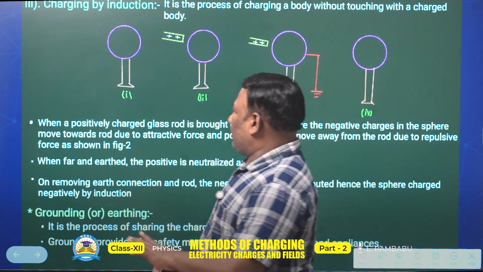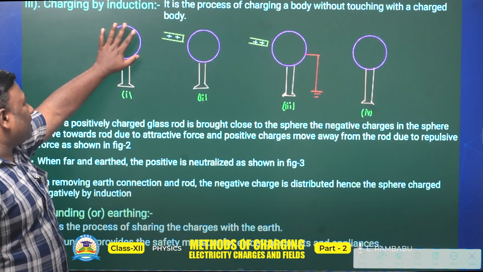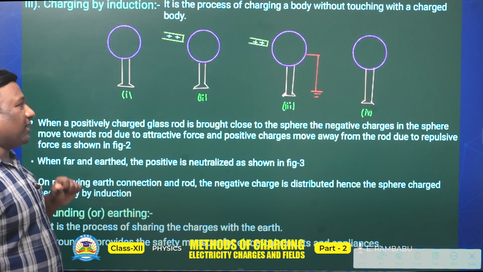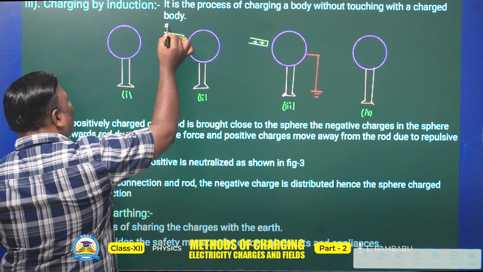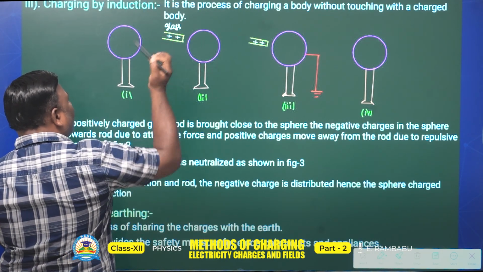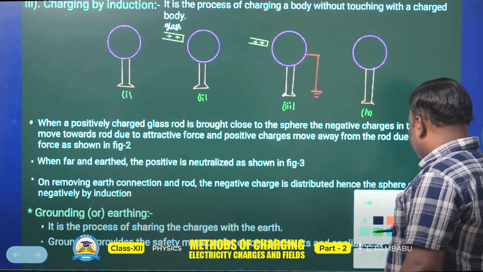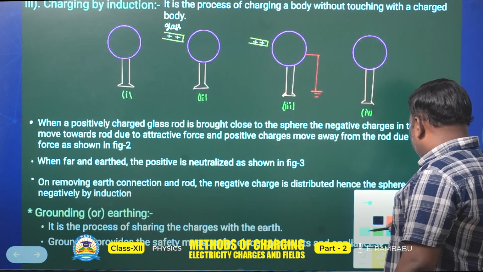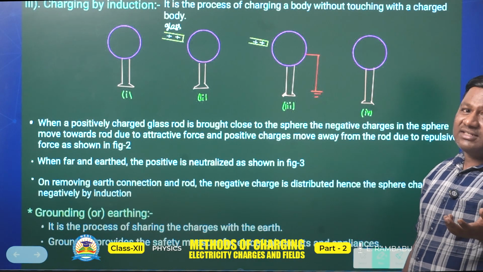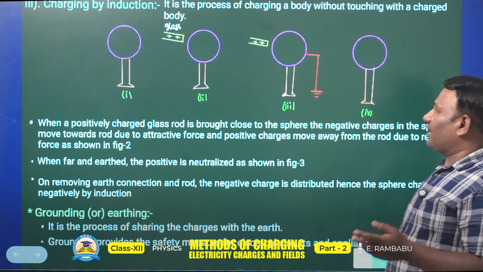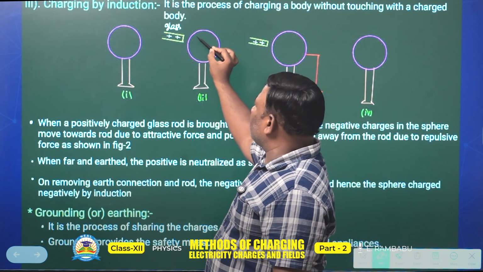See here, I consider this is the neutral sphere. This is the uncharged metallic sphere, and nearer to the uncharged metallic sphere, a positively charged glass rod is taken. Whenever a positively charged glass rod is taken, see what happened. According to the property, like charges repel and unlike charges attract, so inside, equal numbers of positive and negative charges are there.